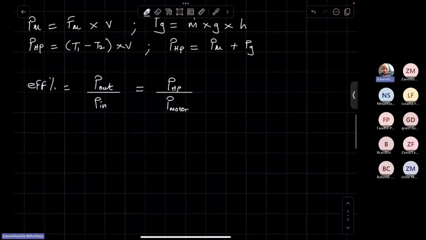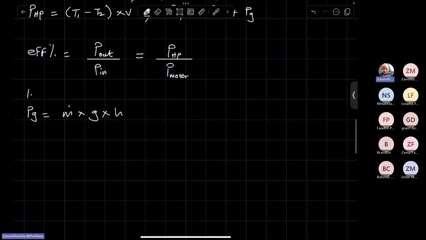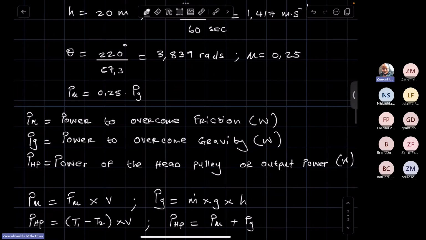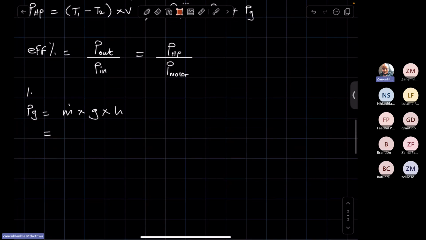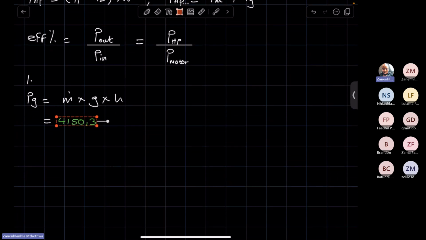Number one, we first calculate PG, which is equal to m dot times g times h. The mass flow rate which they gave us is 41,667 kilograms per second. g we take as 9.81.